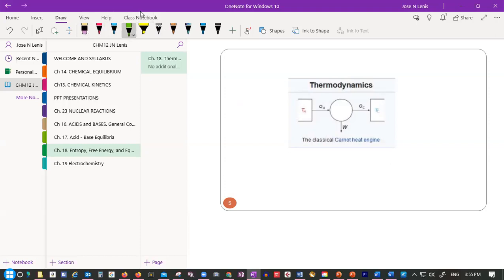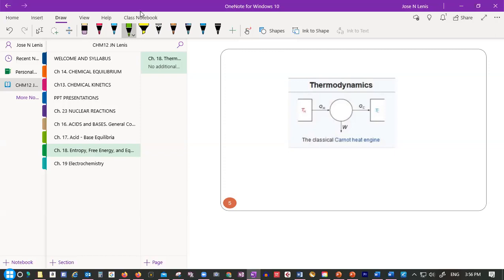All right. So on this Carnot heat engine, we have a machine that takes in heat and releases a byproduct. So basically it explains the energy transfer, heat transfer, or thermal transfer between two objects.